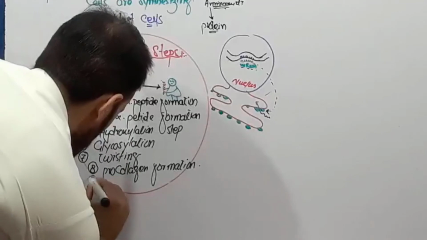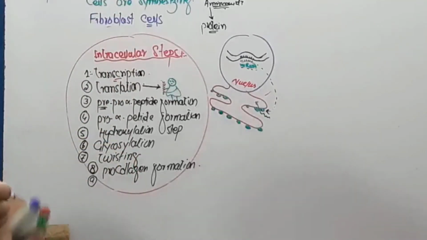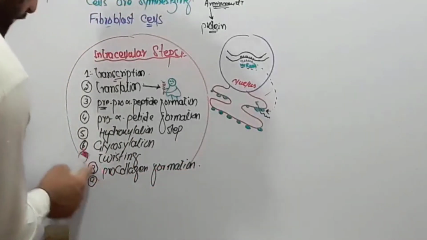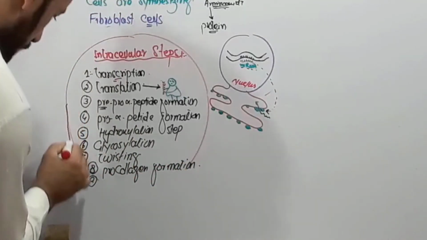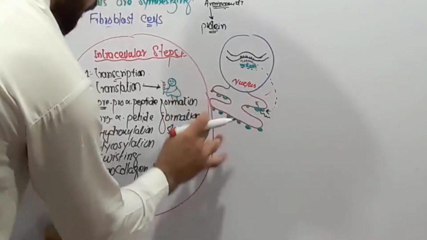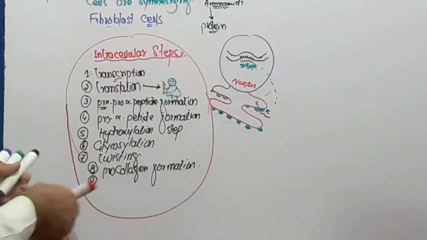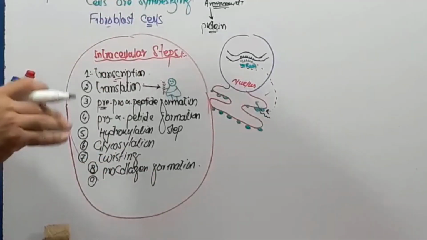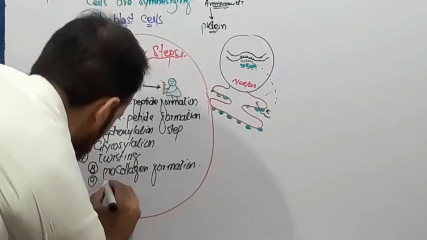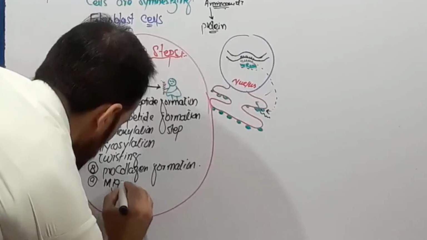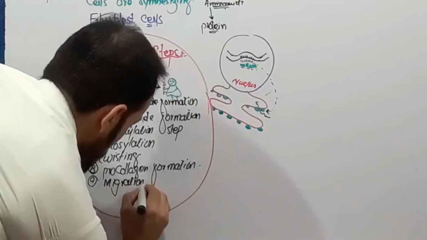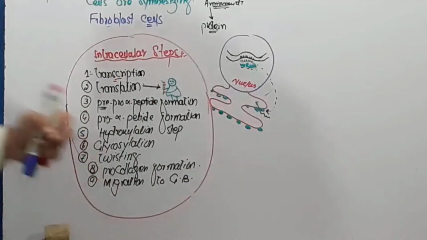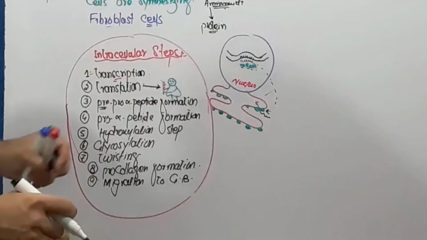Number 9th step which occurs inside the cell. It's again occurring inside the cell, and let me increase a little bit the size of my cell. The size of the cell has been increased a little bit. The 9th step is migration to the Golgi body. So there will be migration to the Golgi body. It's so simple. We'll discuss these steps there.